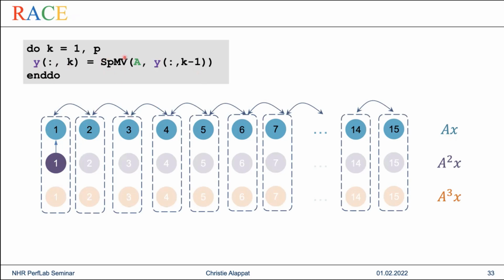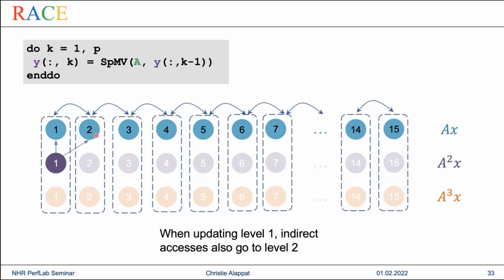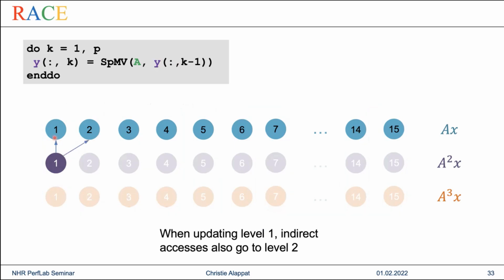So if we perform SpMV on y of k minus 1, level 1 can have indirect access to the same level, level 1, and also its neighbor, level 2. So it has only the dependency with level 1 and level 2. This means to update level 1 to A squared x, it needs to ensure that level 1 has been updated to Ax and level 2 has been updated to Ax. This means the computations on levels 3 to 15 for Ax are not required at the moment.